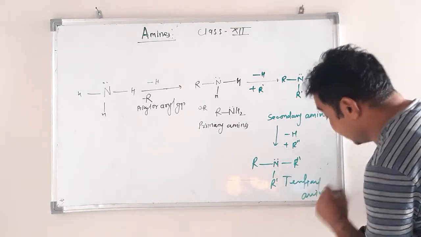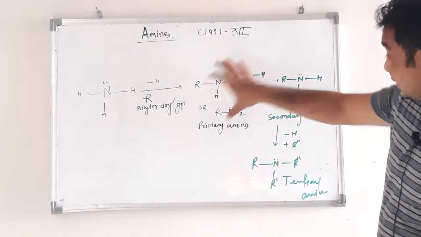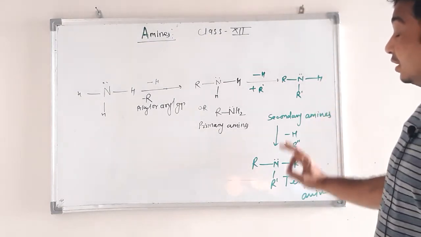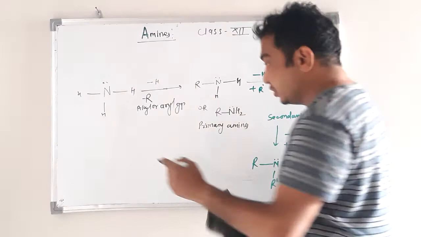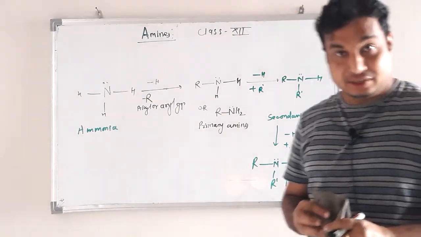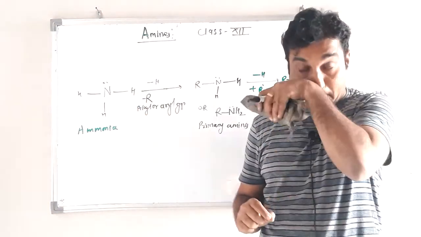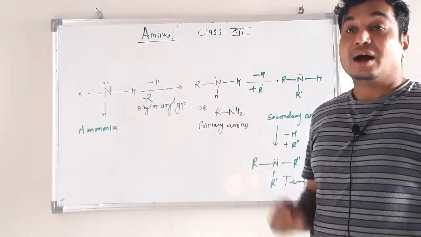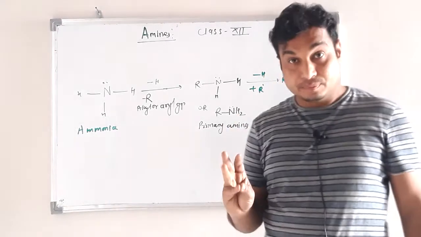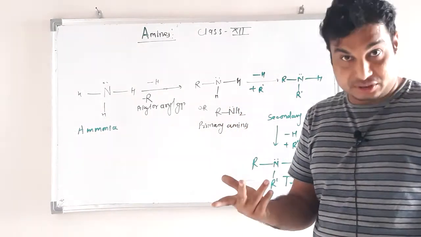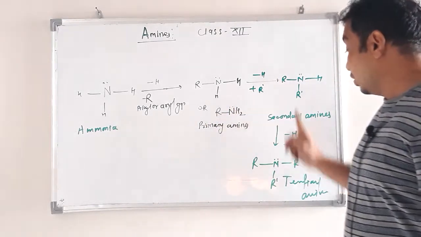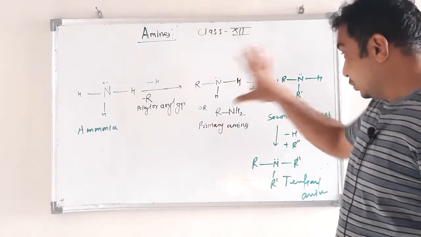So primary amine, secondary amine and tertiary amine, all these amines are derived from ammonia, and they are obtained by replacing one or two or three hydrogen atoms by the same number of either alkyl groups or aryl groups or a mix. We can attach an alkyl group as well as an aryl group. These resulting compounds are collectively known as amines.